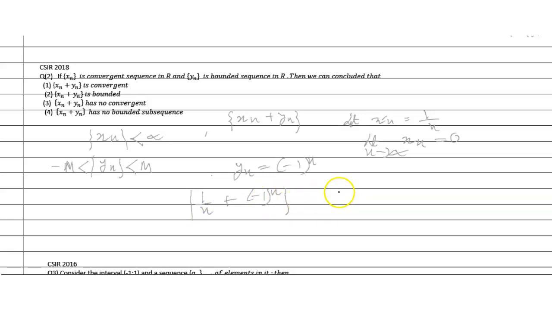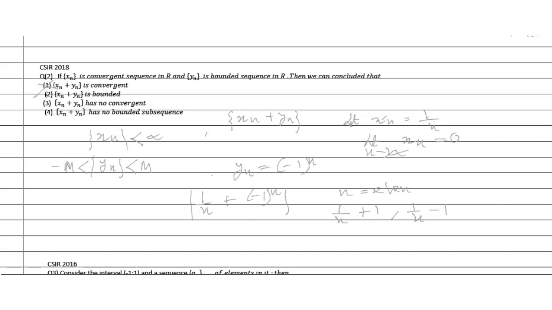So friends, if you check n equals even, then we get 1 by n plus 1, and n equals odd, we get 1 by n minus 1. So it is not convergent, friends. This portion is not convergent.